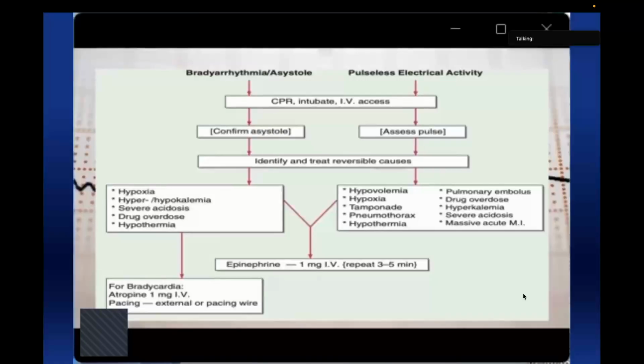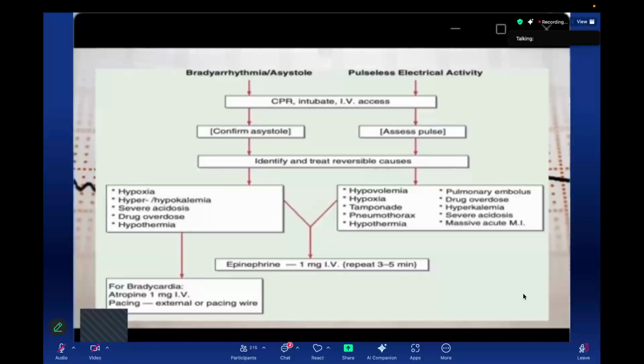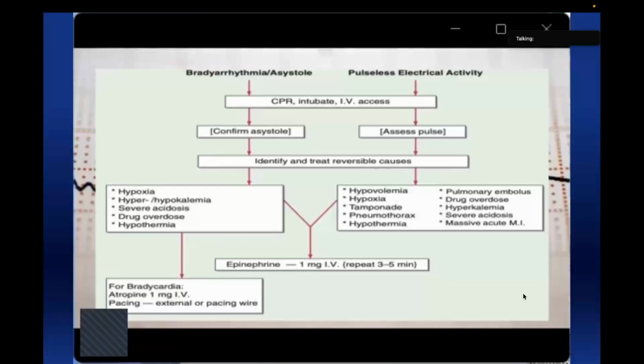So for the 5 H's, you have your hypoxia, hyper or hypokalemia, hydrogen ions or severe acidosis, your hypothermia, your hypovolemia.